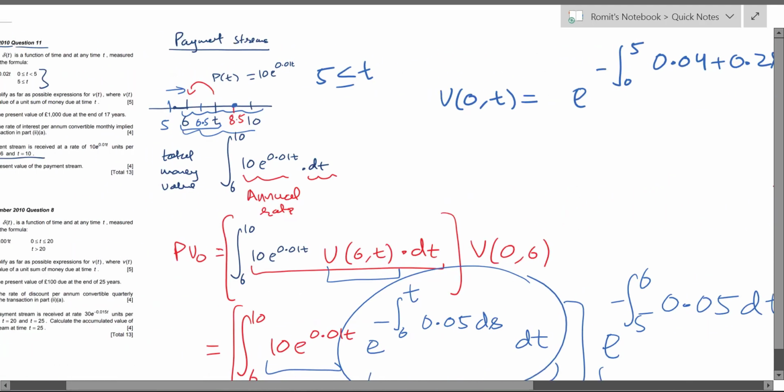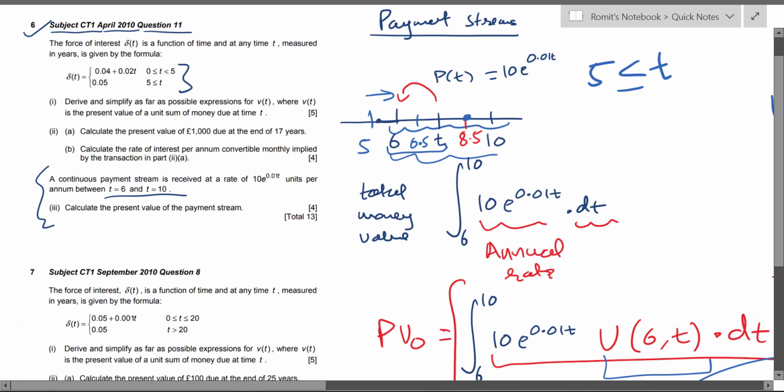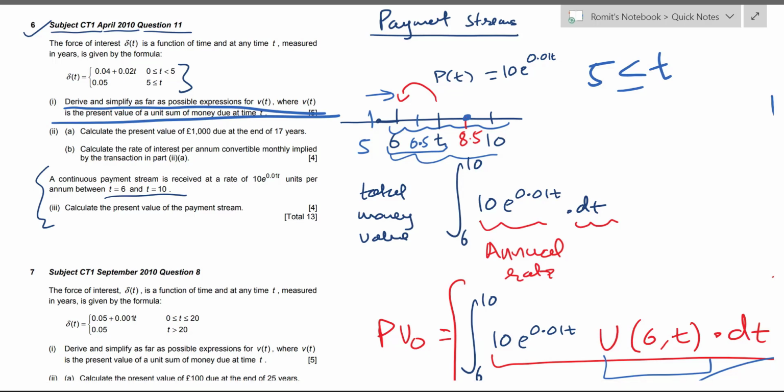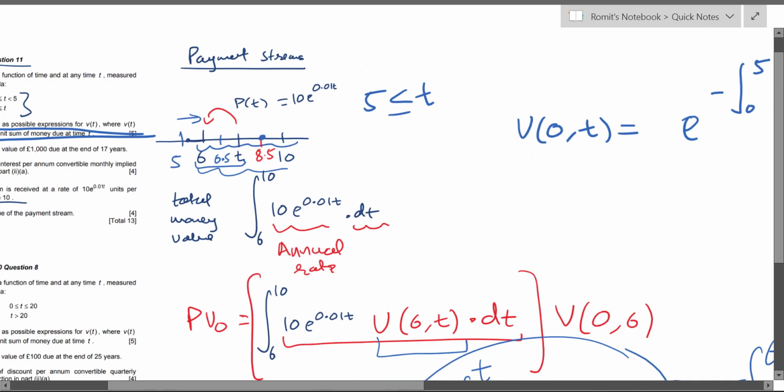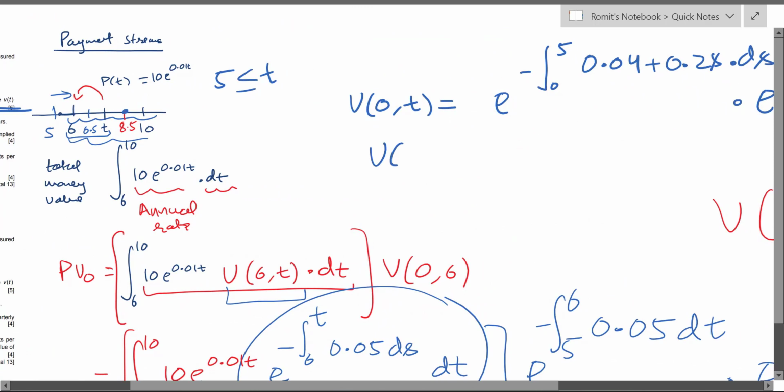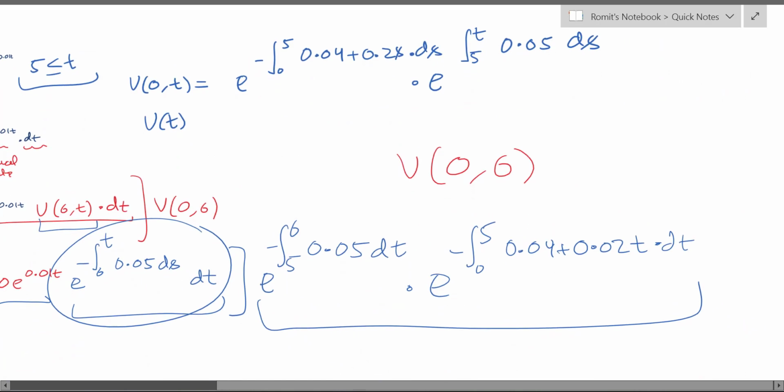So this was actually the first part of the question: derive and simplify as far as possible the value of v t, which will have two parts, where t is between 0 and 5 and where t is greater than 5. So this v t for t greater than or equal to 5 needs to be derived like this. And once you have this, what does it look like? It's e to the power of negative integral.